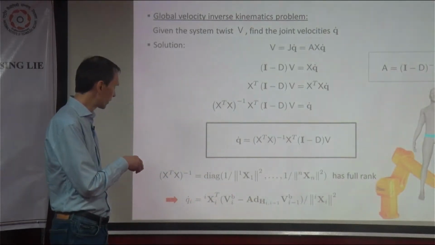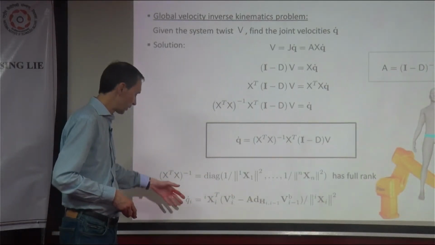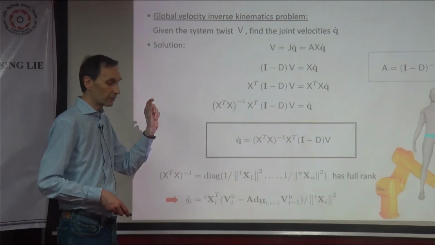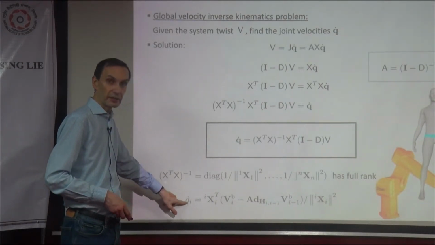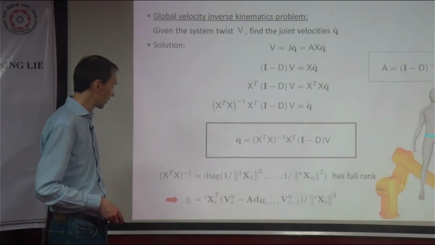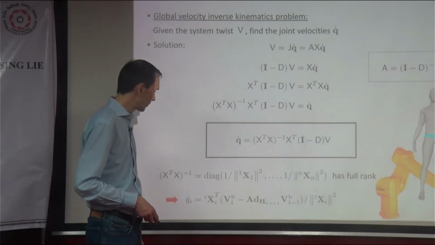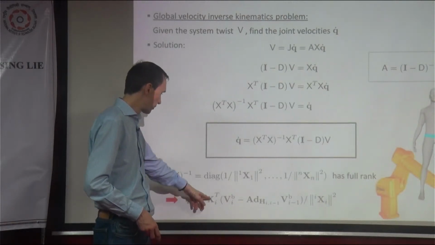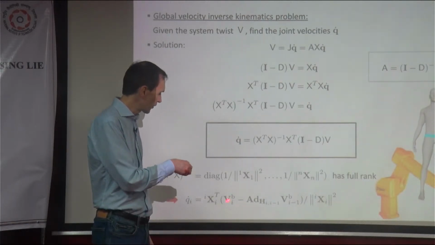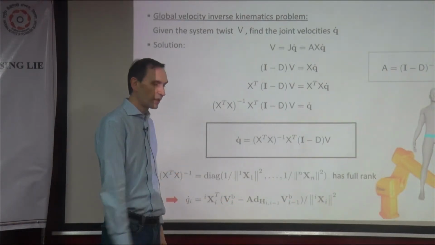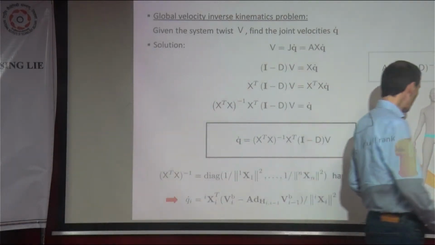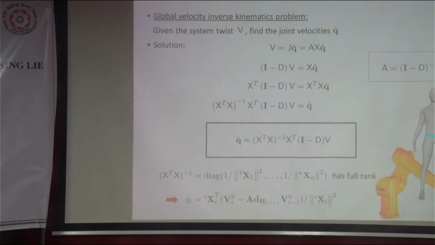So q dot i, the velocity of joint number i, the time derivative of the angle i, for example, is exactly this. You just take the screw coordinate of joint i and the twist of the body i, and you do this. This closed form solution gives you the joint velocities of your model when you are given the velocities of the individual links.